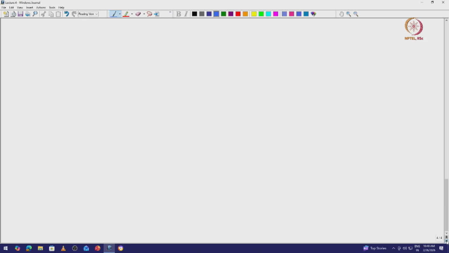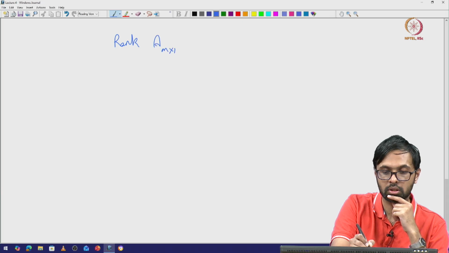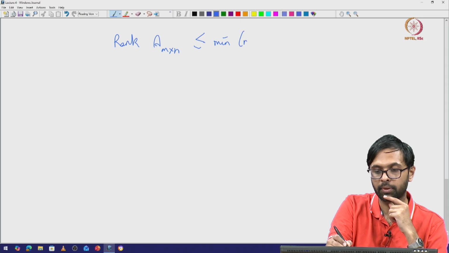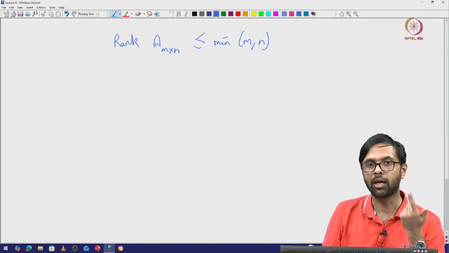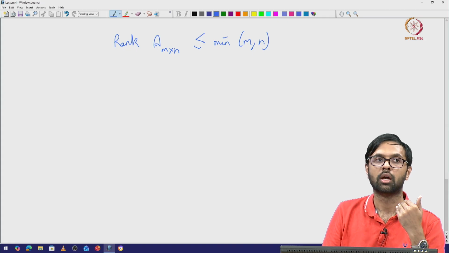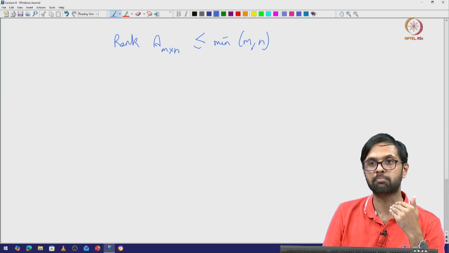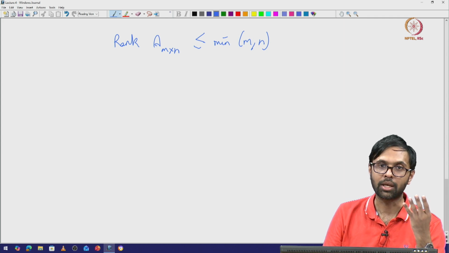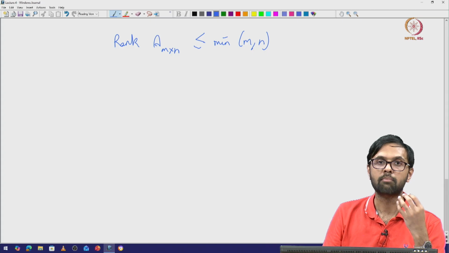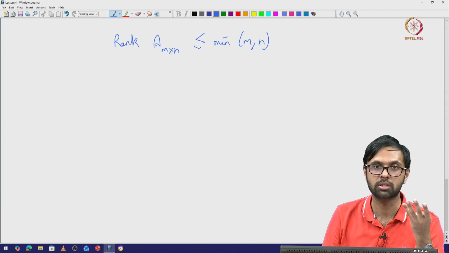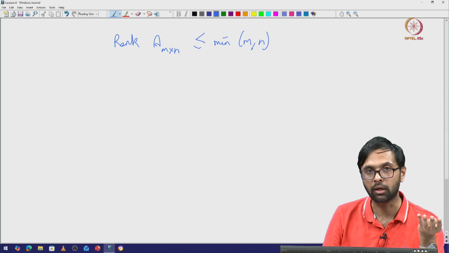Now, obviously, the rank of an m by n matrix is at most the minimum of m and n. Why? Because the row rank and the column rank are the same. The row rank is the dimension of the row space, and if you have m vectors and you take their linear combinations, the maximum dimension you can get is m. The best thing possible is all these vectors are linearly independent.